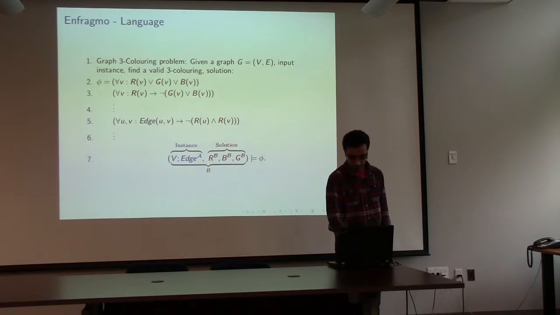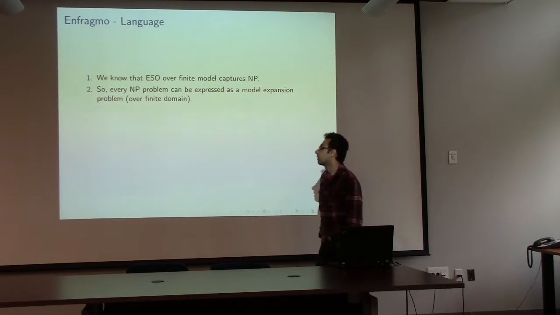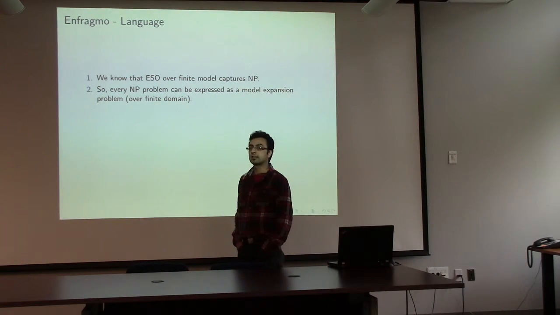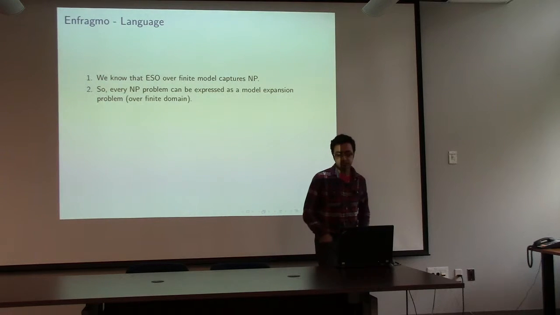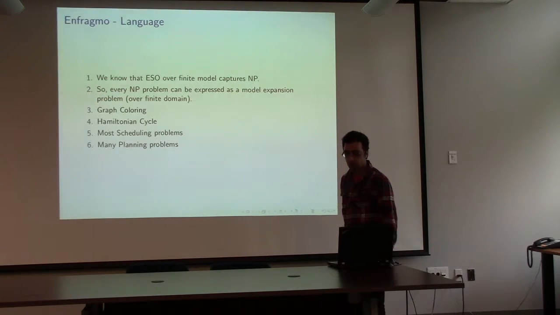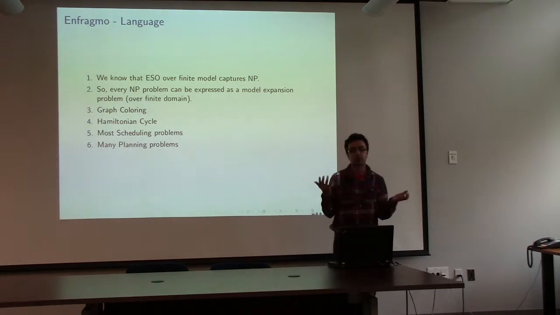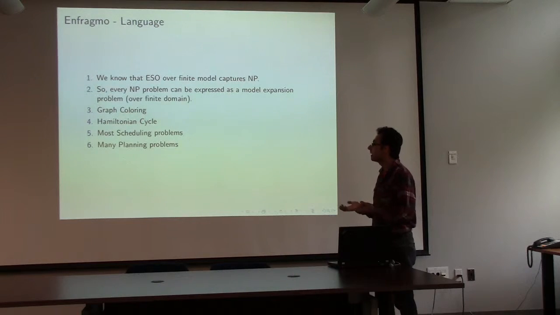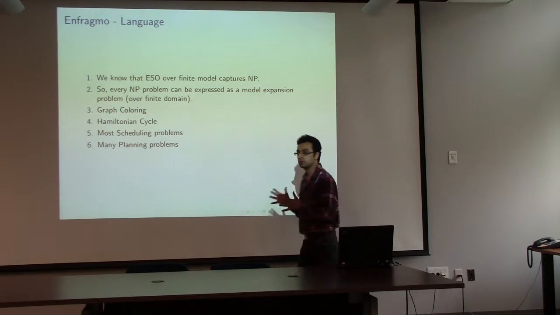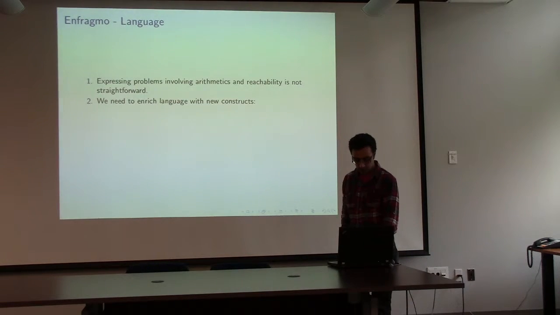Okay, it's a well-known fact that existential second order logic captures NP, meaning that we can describe every NP problem, such as graph coloring, Hamiltonian cycle, and most of the scheduling or planning problems using this logic. But it's not straightforward to do so.